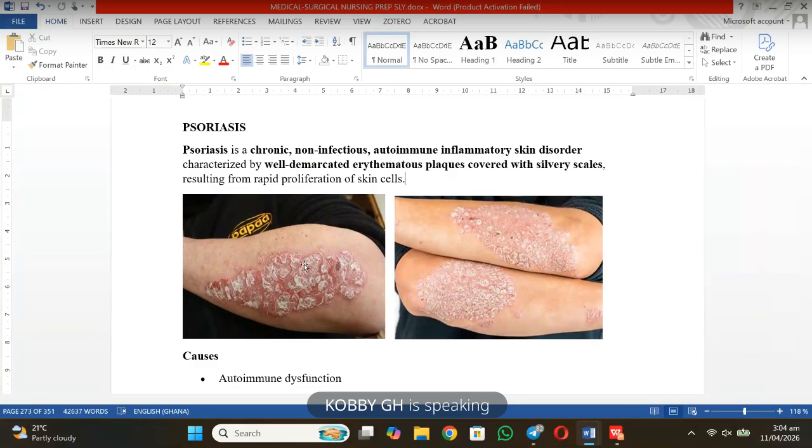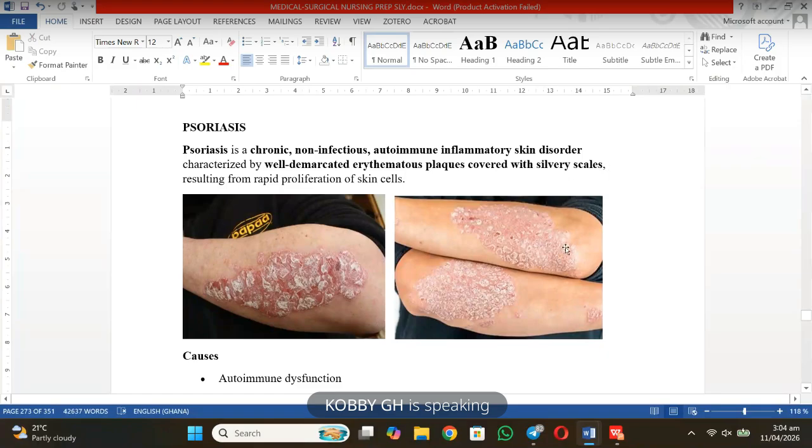And if the examiner is talking about an integumentary system condition that is autoimmune, the examiner is talking about psoriasis. It's an autoimmune disease, characterized by these dry, silvery scales. That is what we call psoriasis.